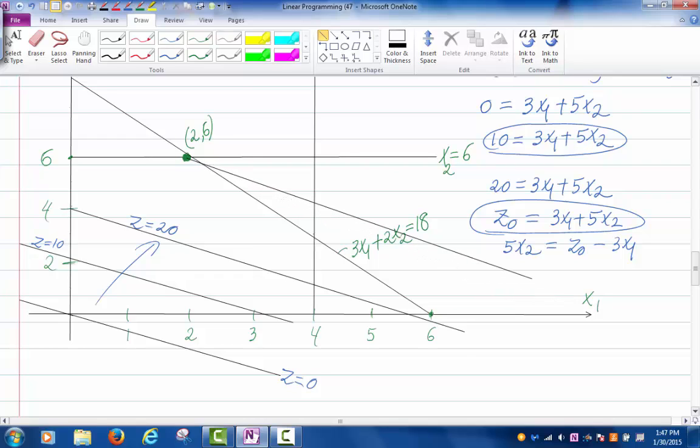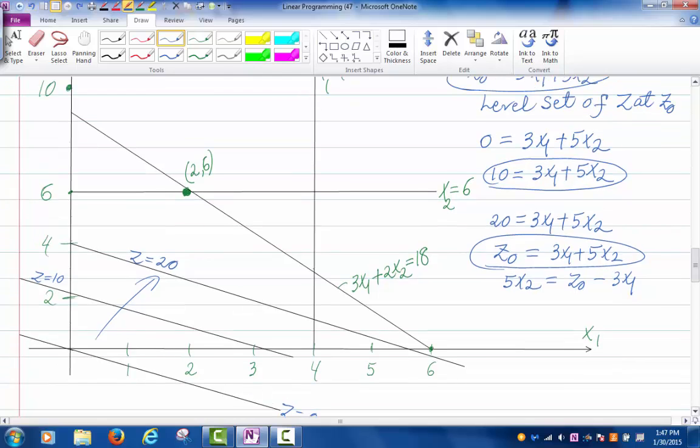Let's see if that is parallel enough. Maybe let me do it this way. So I guess hopefully you understand what I did.